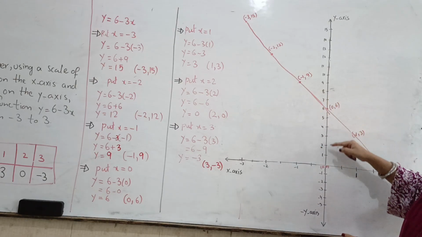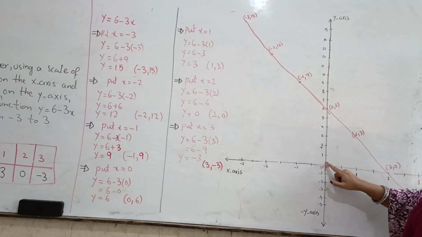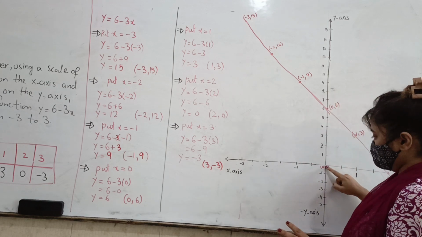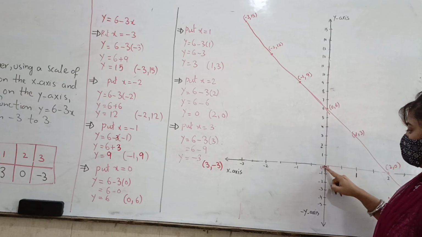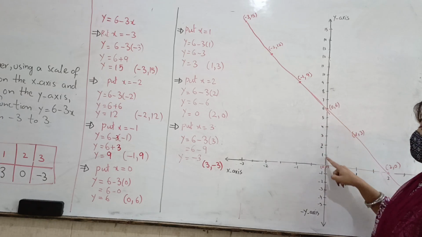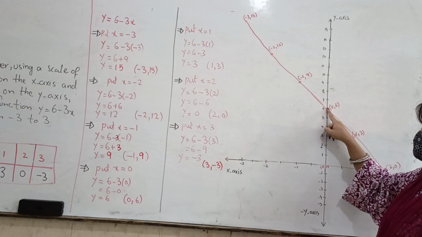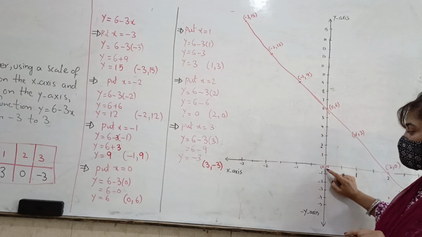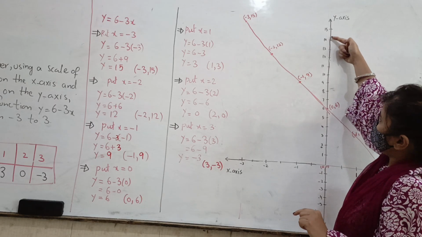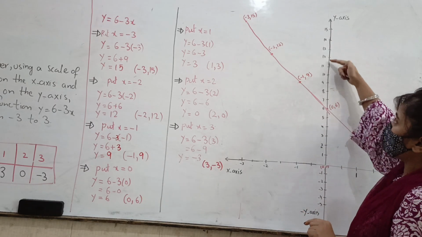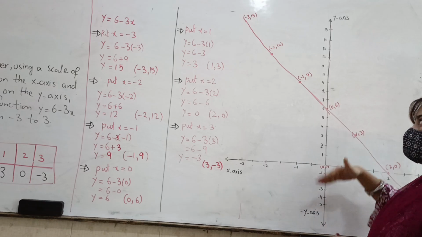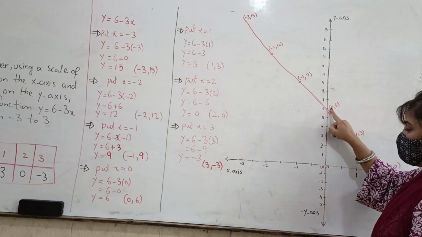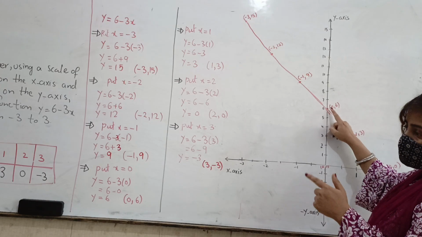And at this point, x and y values are 0, only at this origin point. But on this line, x value is 0 at every point. So here x value is 0, and when x is 0, we have the value 6.